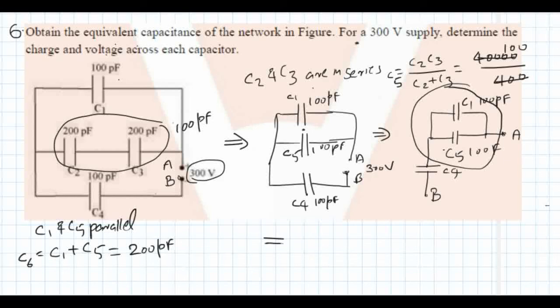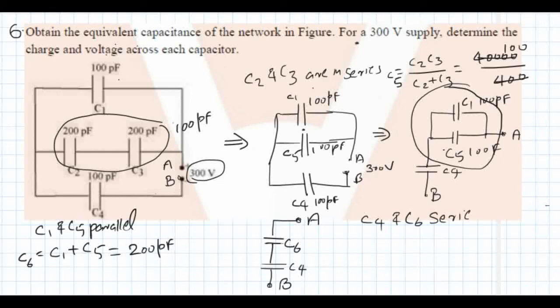So this is now C6, and the point A is here, right? Then at this junction there is C4, and this is the point B. Now you can see that C4 and C6 are in series, right?